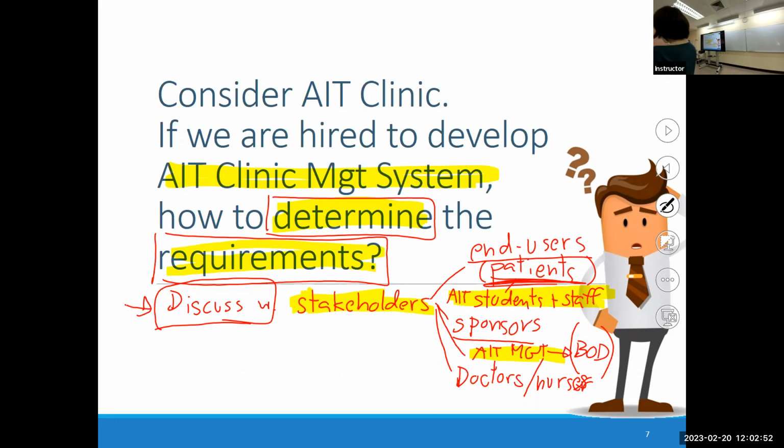Yes, the work, the procedure, the things they do, right? Basically, we need to be able to know what the function of this AIT clinic management system is.